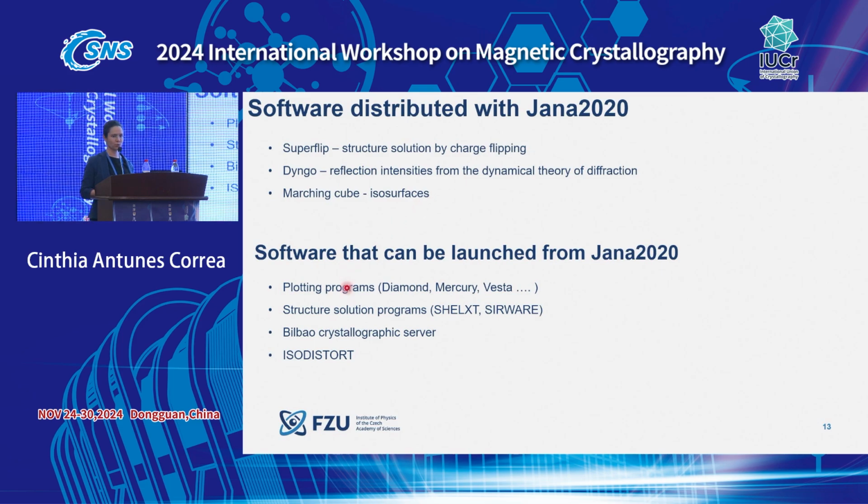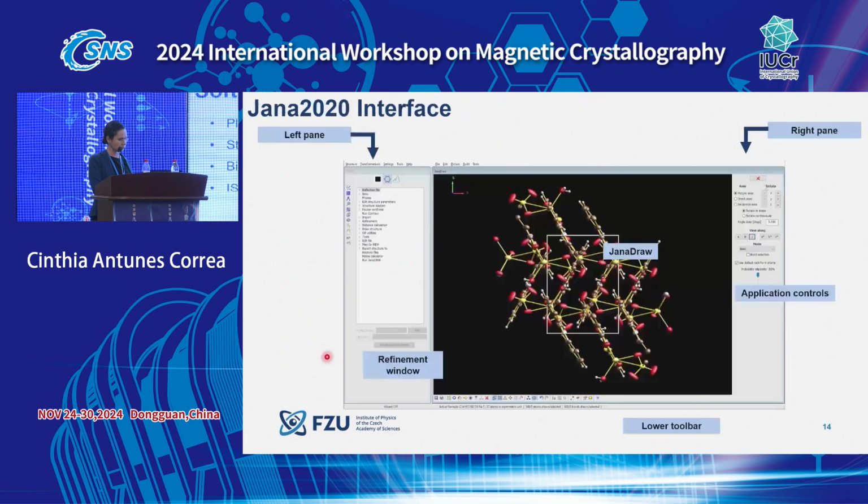You can also run directly from JANA plotting programs such as Diamond and Vesta that you have been using this week. Also other programs for structure solution like SHELXT. You can also access directly from JANA the Bilbao server and ISODISTORT. And for magnetic structures, you actually use it interactively.